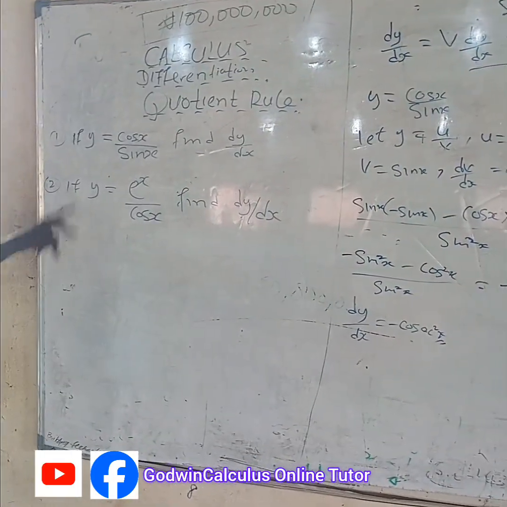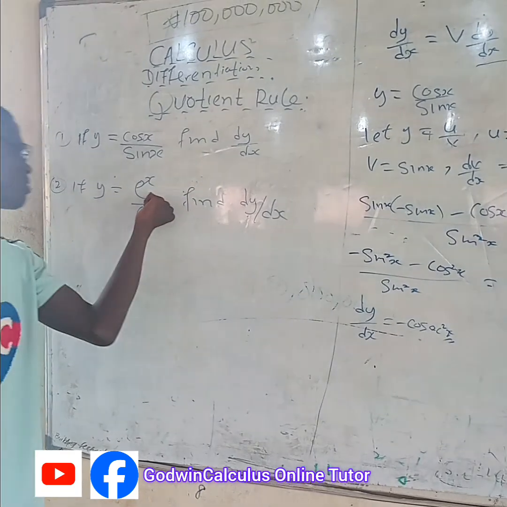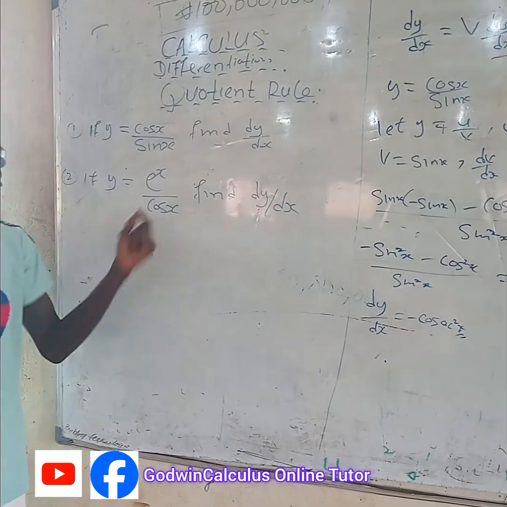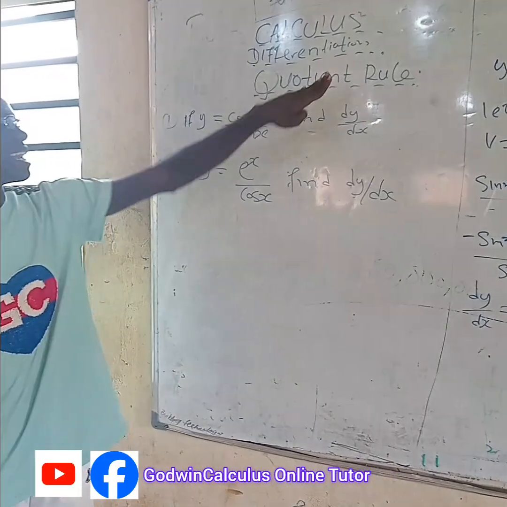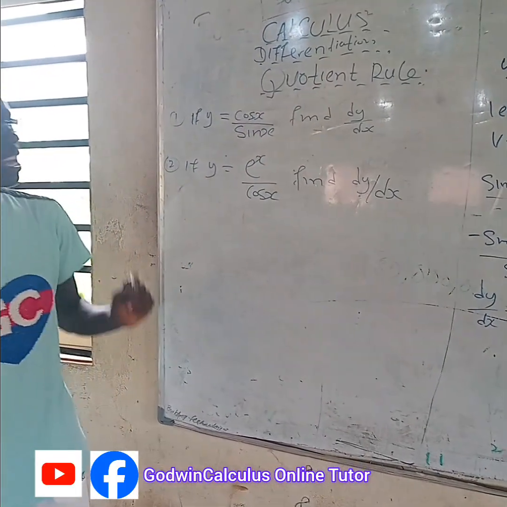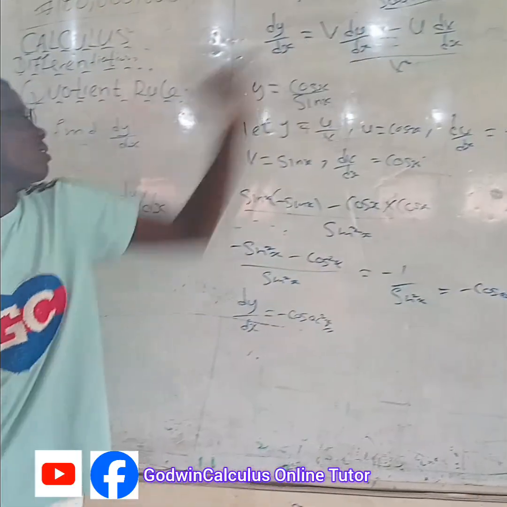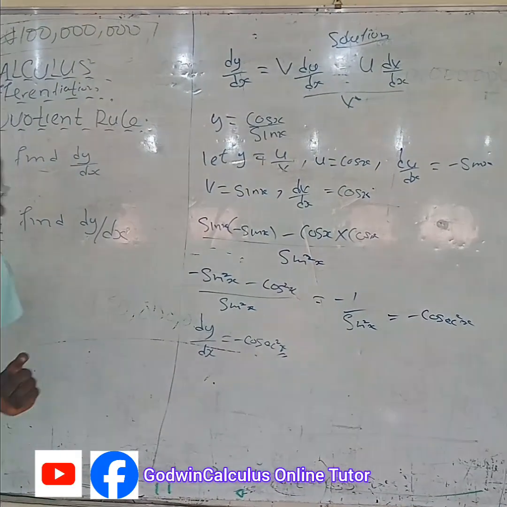Now, number 2, let's consider that if y is equal to e^x all over cos x, we are required to find dy/dx. We're going to apply the same rules to solve it. Don't forget that this is the formula for the quotient rule.